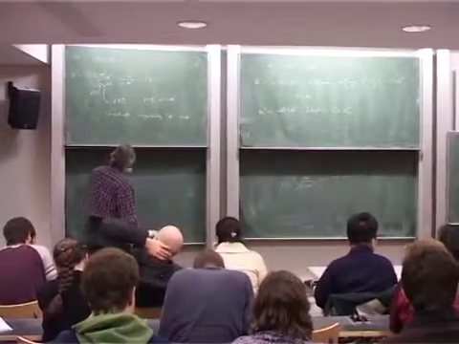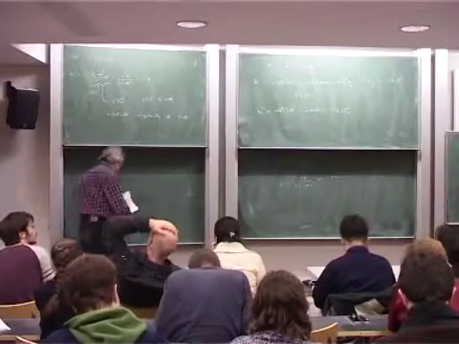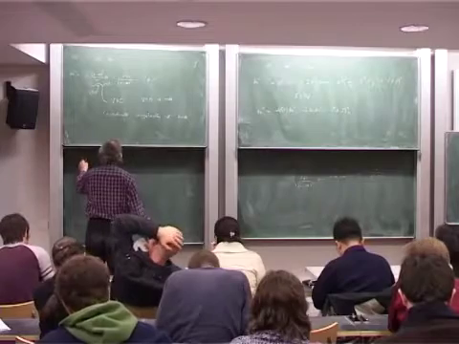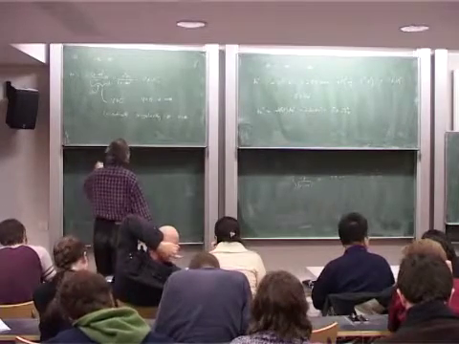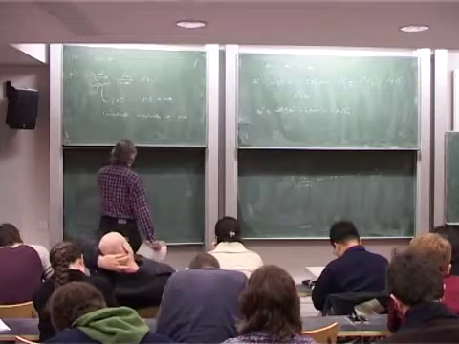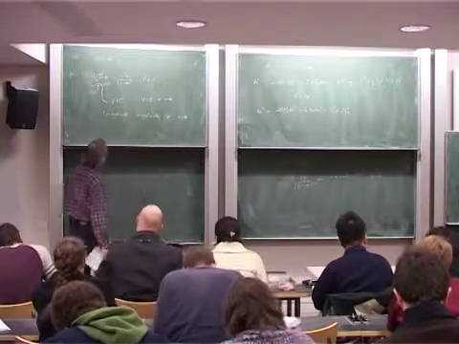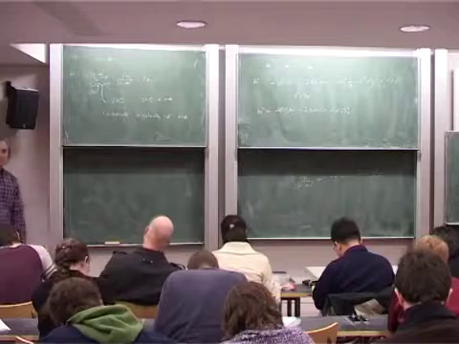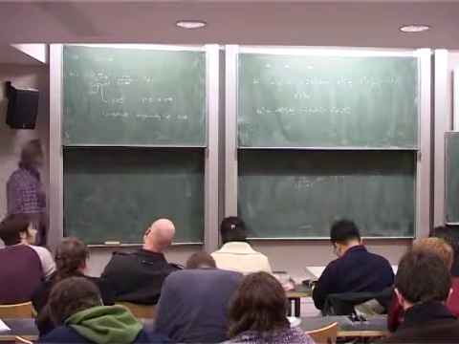So let's fix t. Put theta equal to pi by 2, so we're just in the equatorial plane, and look at the r phi form of the metric. That encompasses enough information for us to figure out what's going on.